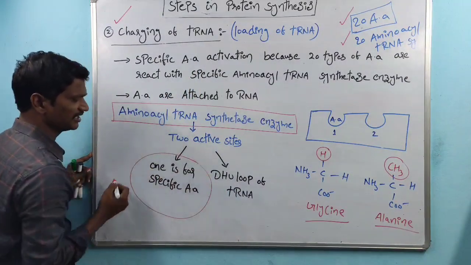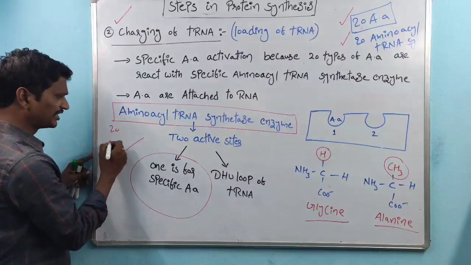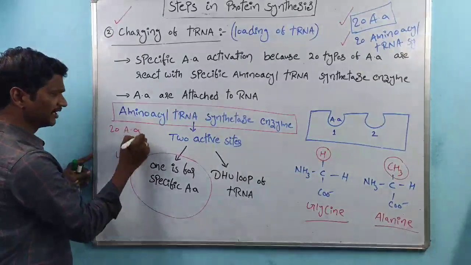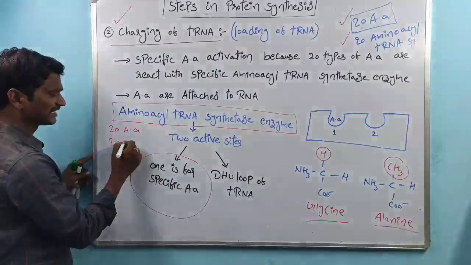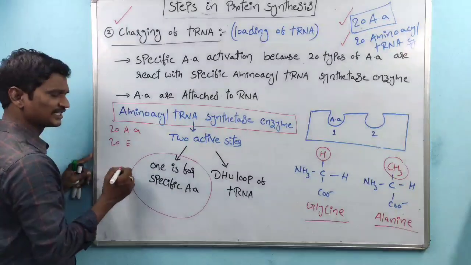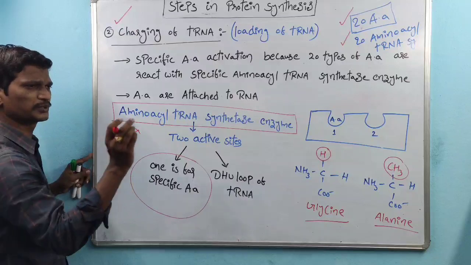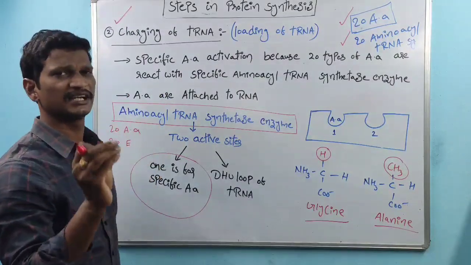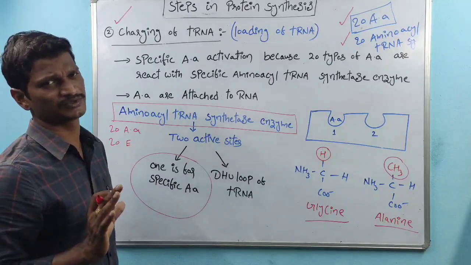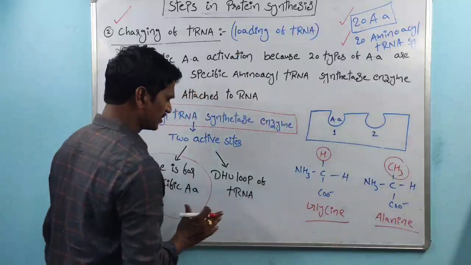Here two active sites are there. One of the active sites: within the cell, 20 types of amino acids and 20 types of amino acid tRNA synthetase enzymes are there, so the interaction is very specific. A specific amino acid specifically interacts with amino acid tRNA synthetase enzymes.